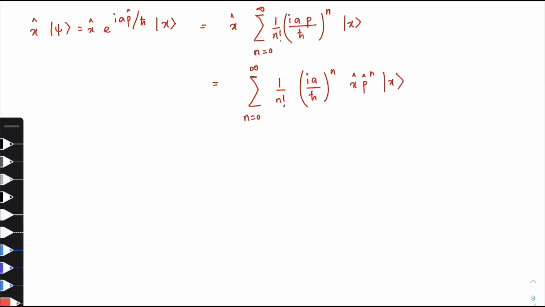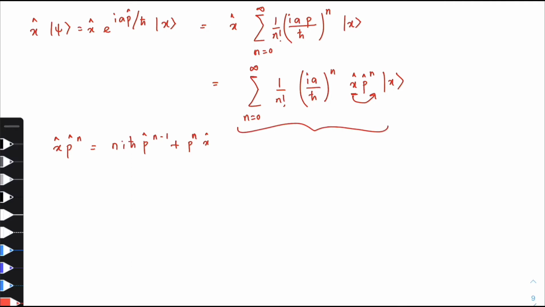Now somehow we have to translate this operator X through these P's and act on |x>. For this we use an identity, that is X P to the power n is equal to n i h bar P^(n-1) plus P^n X.